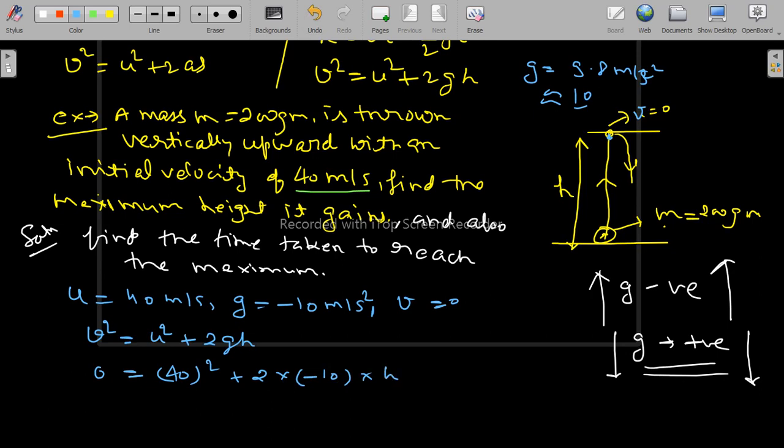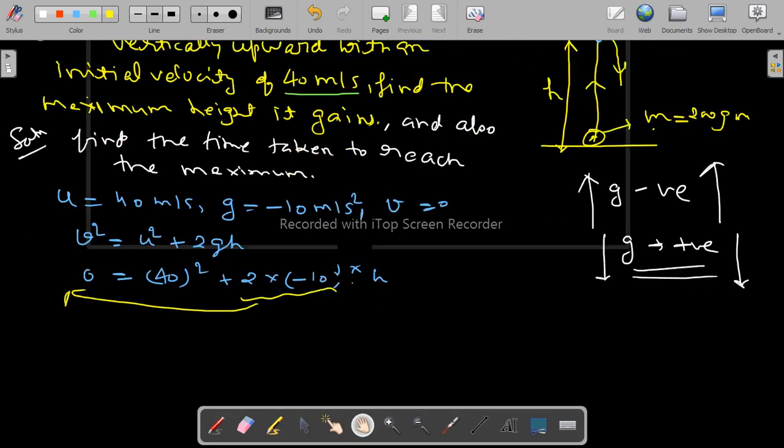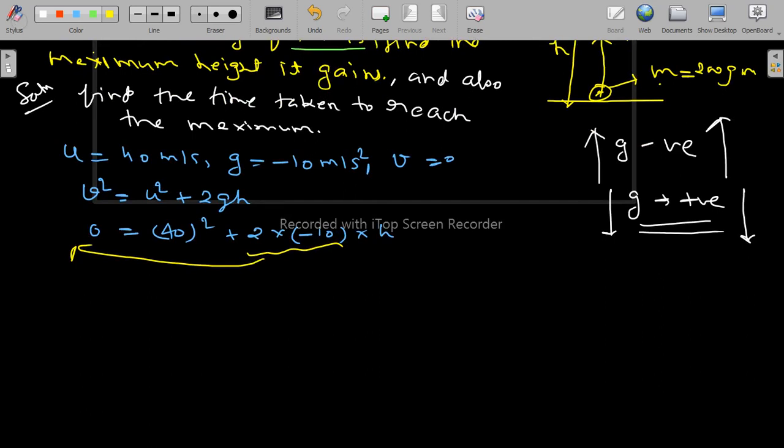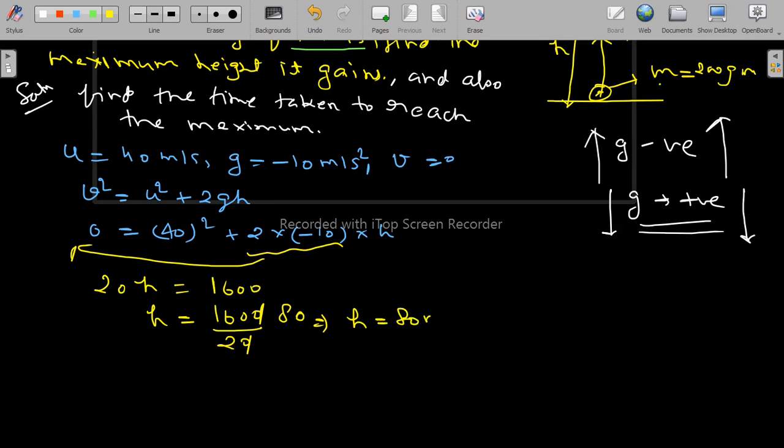Since this term is negative, if you bring it to this side the sign will become positive. After solving you will get 20h equal to 40 squared, which is 1600. So the maximum height is 1600 upon 20, which is 80 meter.